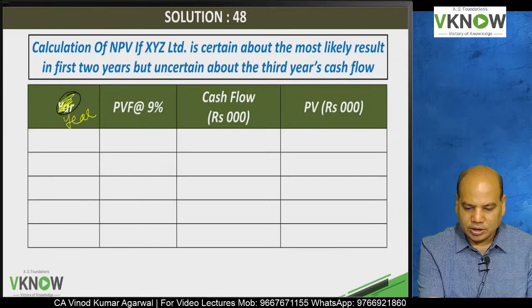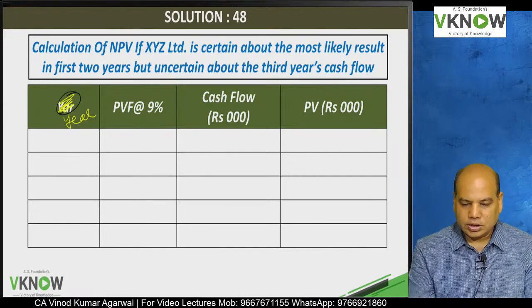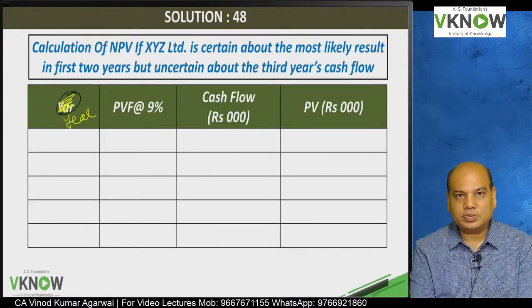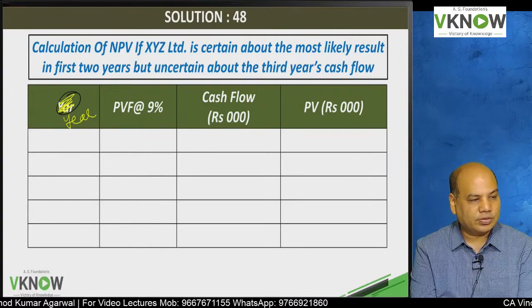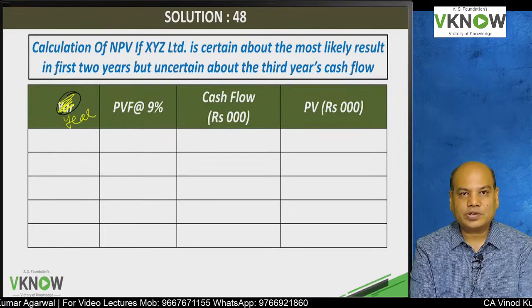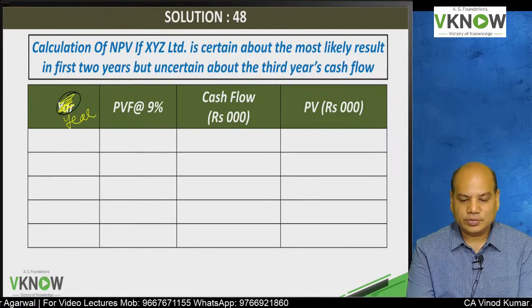First column write year, second column write PV factor at 9%, third column cash flow rupees in 1000, last column present value rupees in 1000.